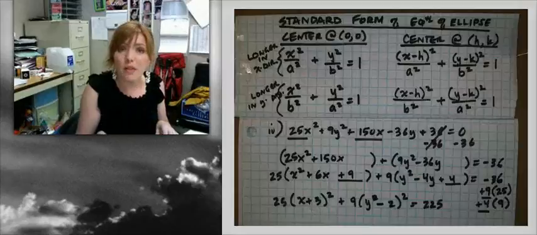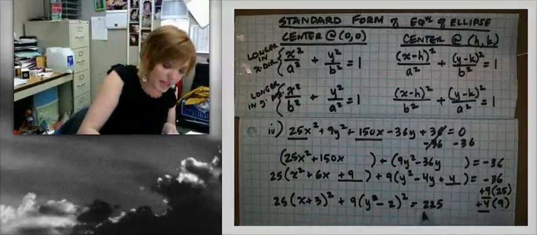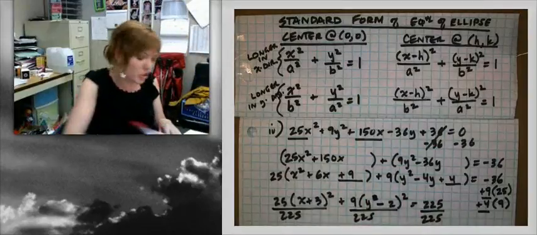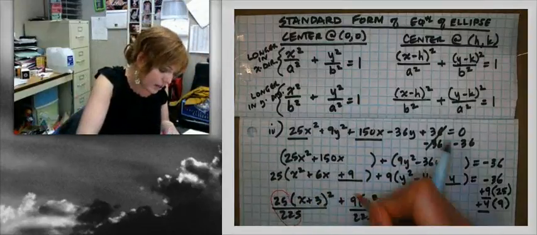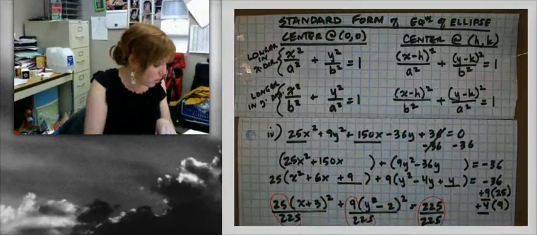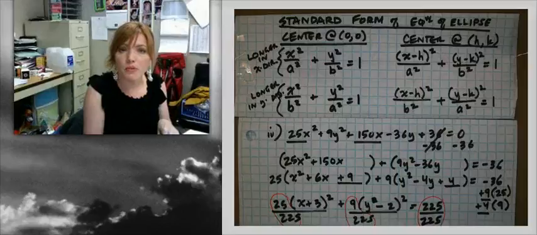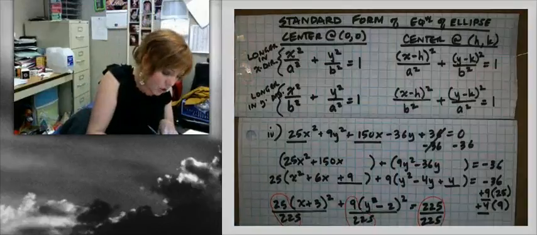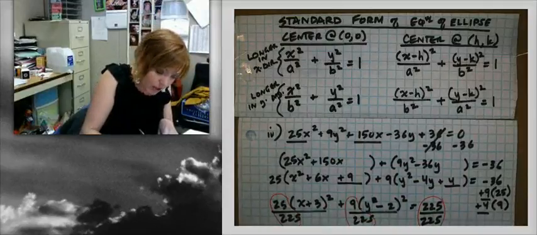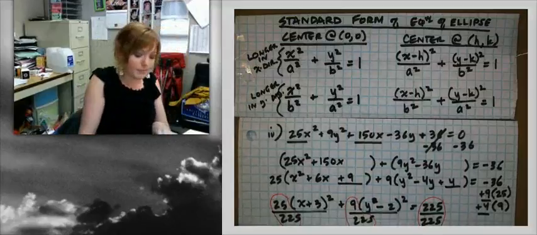To get a 1, we're going to do what we did in the last problem and divide by 225, and now we want to reduce everything we possibly can. 25 and 225 are both divisible by 25, giving 1 on the top and 9 on the bottom. Then 9 and 225 reduce to 1 on the top, 25 on the bottom, and a 1 on the right-hand side.